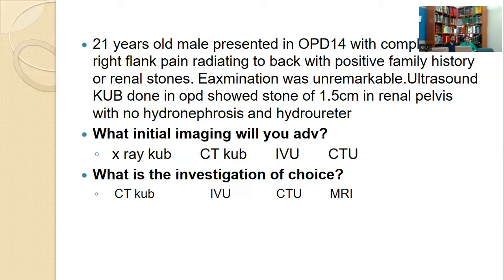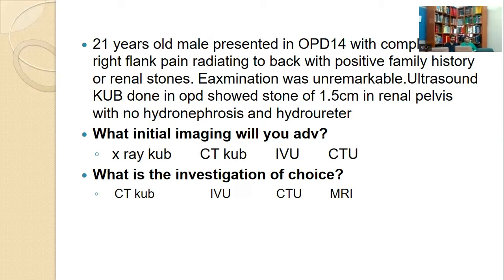Dr. Kausar, please. The scenario is a single stone of 1.5 centimeters, non-hydronephrotic kidneys. What are the initial investigations? Sir, the initial investigation is CT KUB. Why? To see the exact size and location of the stone as well as the Hounsfield unit, so that we can decide the further plan accordingly.